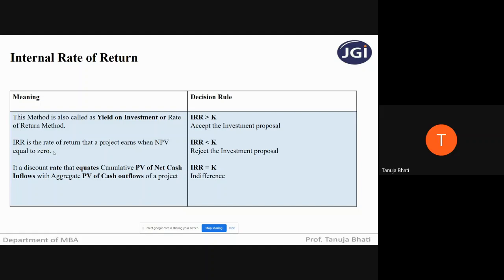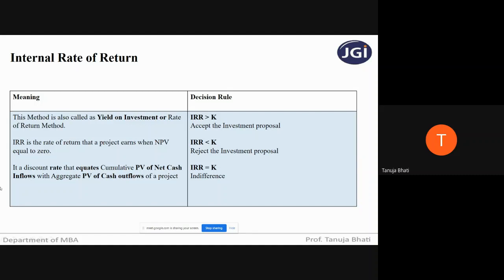So the rate at which the PV of cash inflows is equal to the PV of cash outflows is called the internal rate of return. So IRR is that rate of return that a project earns when NPV equals 0, meaning the rate of return at which you are getting NPV as 0, that rate is your internal rate of return.